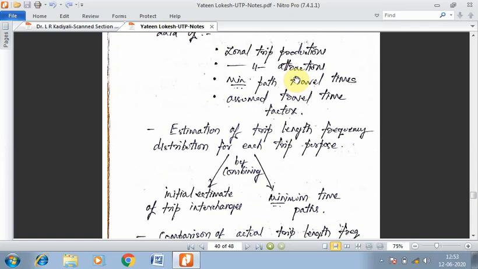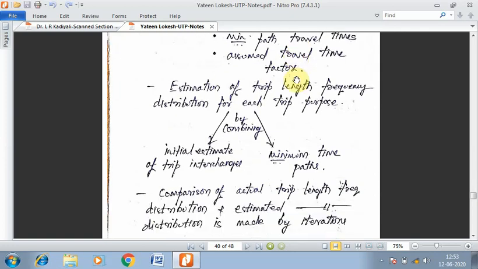And this would be by combining the initial estimate and the minimum travel time paths for the region where you are doing the transportation planning. Okay, so that process will be with the help of combining the initial estimate of the trip interchanges and the minimum time path. So based on these two, you will be estimating the trip length frequency distribution for each trip purpose. Now there might be different trip purposes.